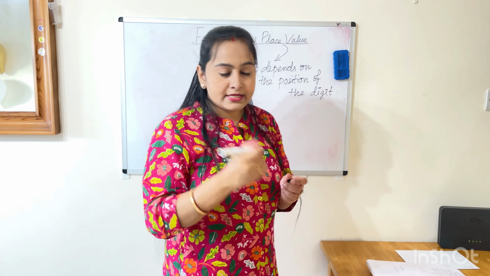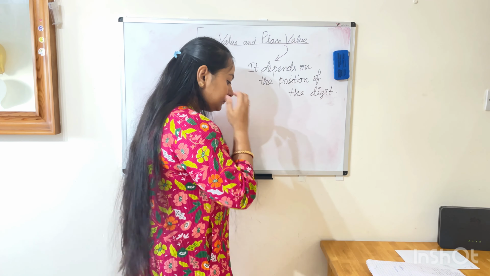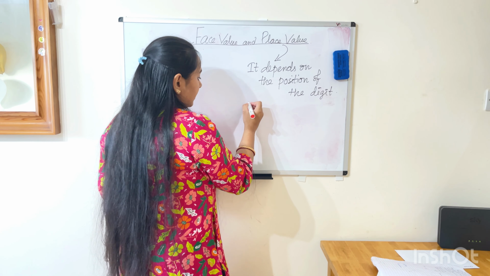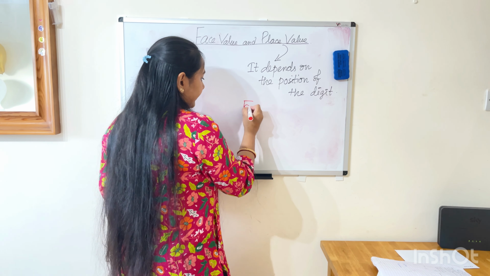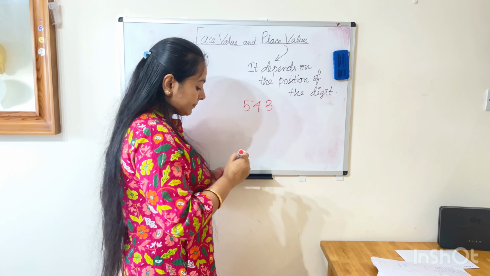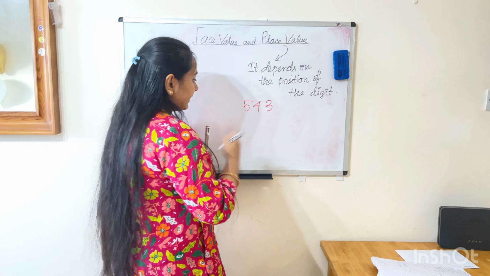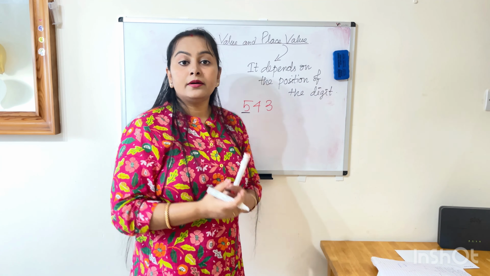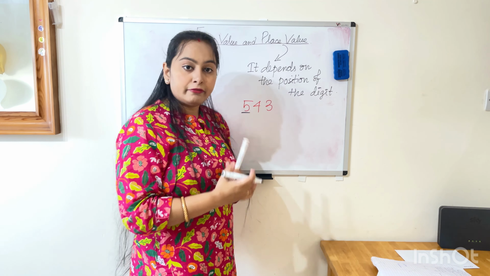Let's take one example. Suppose a number is 5, 4, 3. Okay. So here I am telling you to find out the place value of 5.